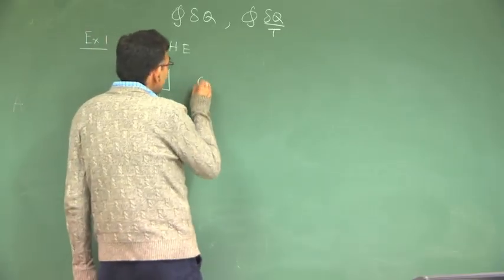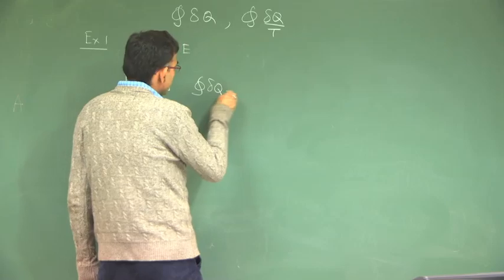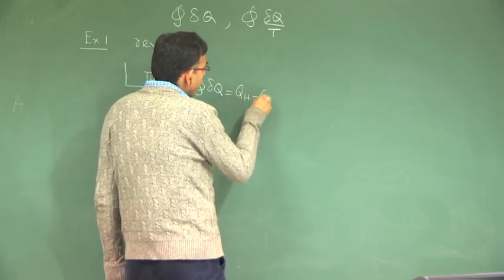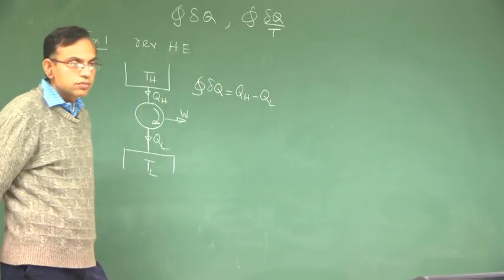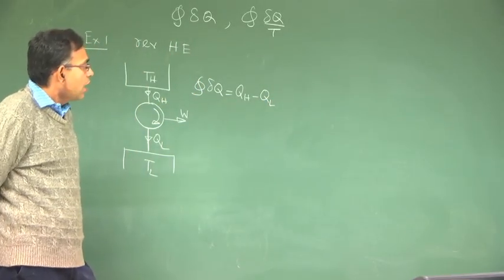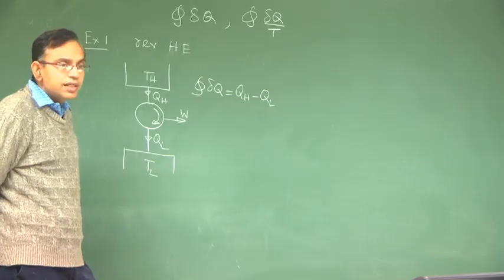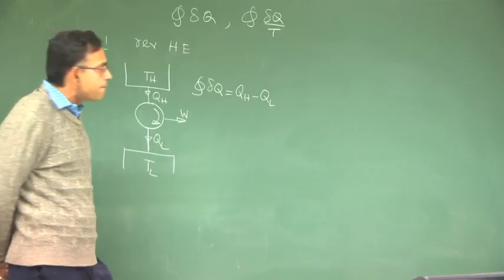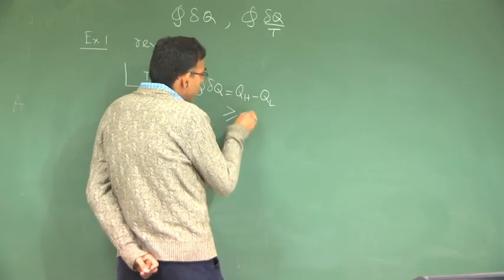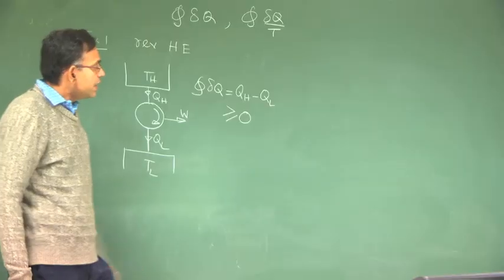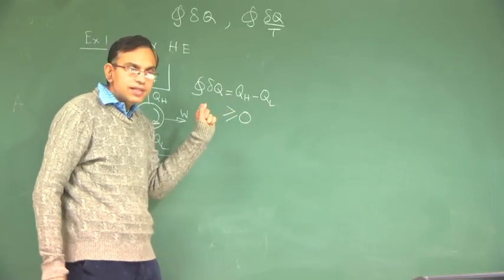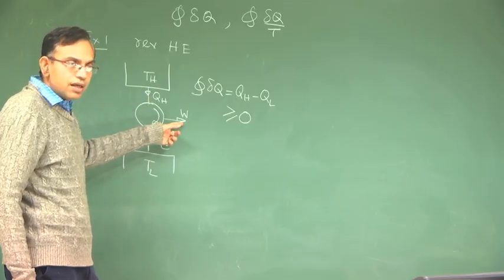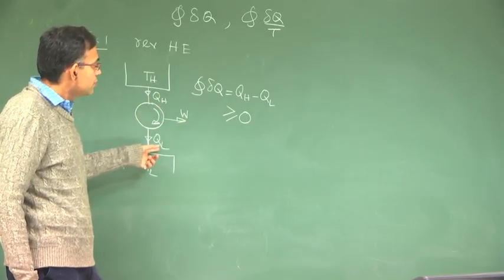So, what is cyclic integral of del q? This is QH minus QL. We are interested to write an equality or inequality for this. So, can we write that this is greater than or equal to 0? Greater than 0 is the most common case when you have a net work output, which is QH minus QL.